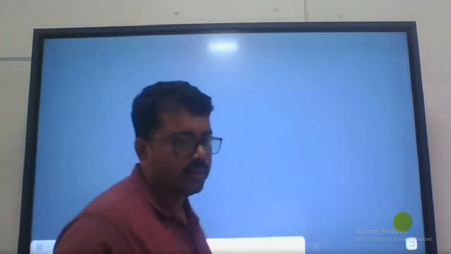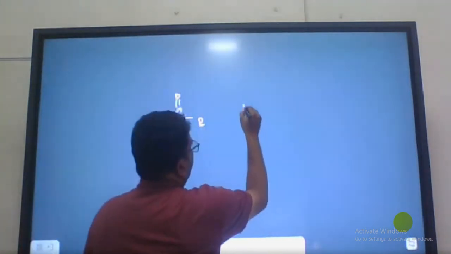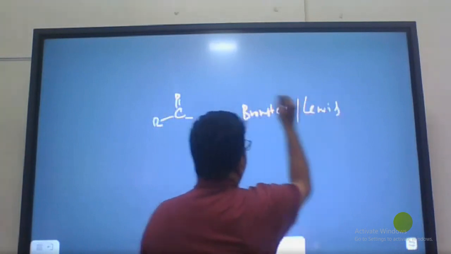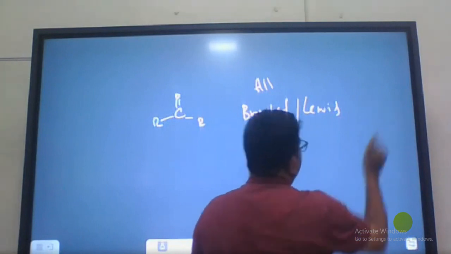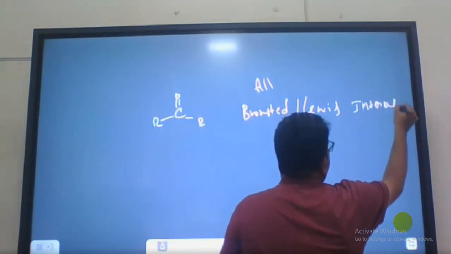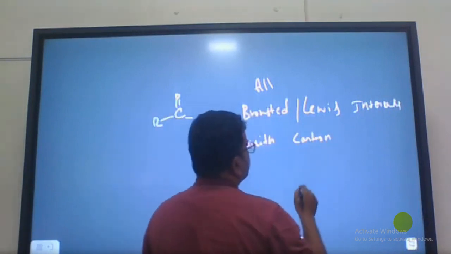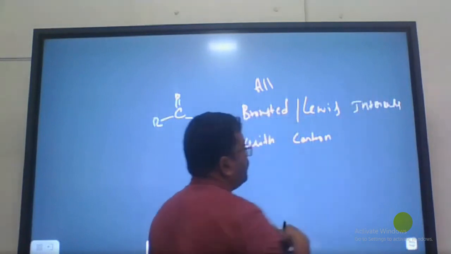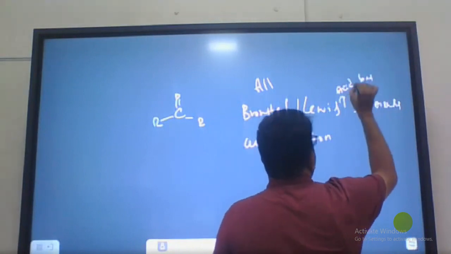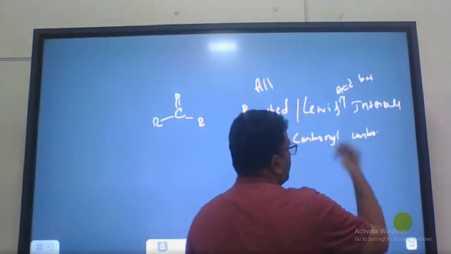The carbon oxygen double bond is always attacked by a Bronsted acid or Lewis acid base, which interacts with carbonyl compounds.